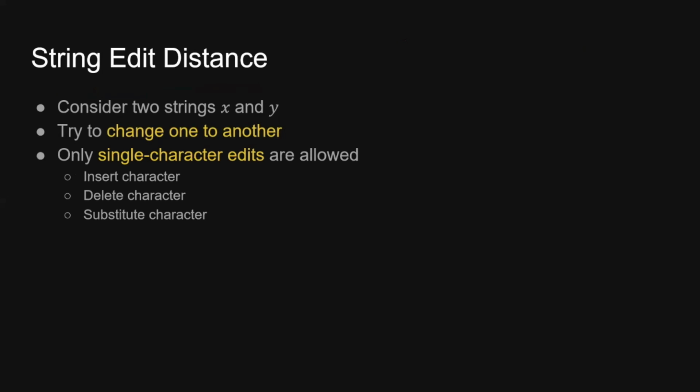Okay, so that's the idea. And for each of the modifications, it is allowed to make only a single character edit. So you can either insert a new character, or delete a character, or substitute a character with something else. Those are the only allowed edits when you compute the string edit distance.